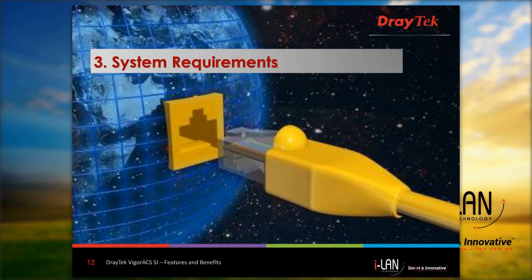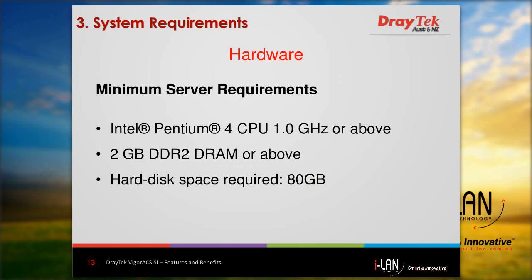I'll just quickly go through some of the system requirements for an ACS SI installation. For the ACS SI server, the minimum hardware requirements are a minimum Intel Pentium 4 CPU with 1 GHz and above, at least 2 gigabytes of DRAM, and at least 80 gigabytes of hard disk space.